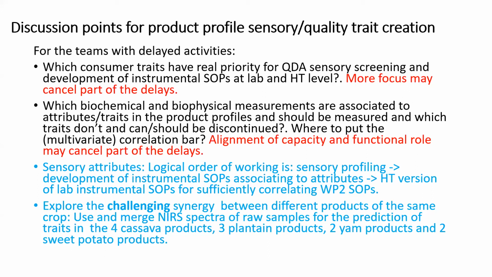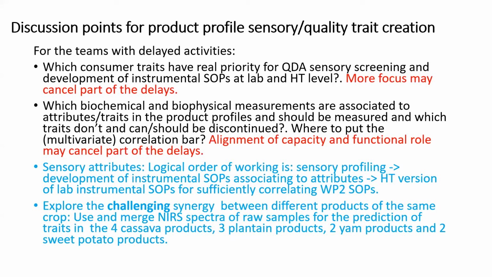You see quite often in different projects and work packages that the order of working is at times not optimal. The preferred order is sensory profiling first, development of instrumental SOPs after that, and then a high throughput version of those SOPs that perform in wet chemistry.